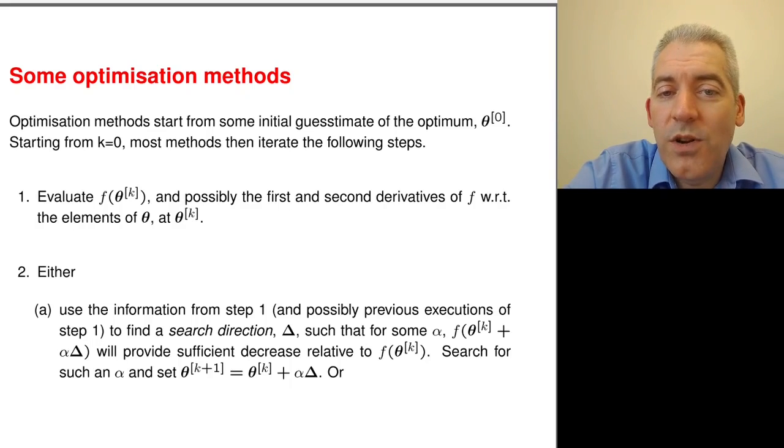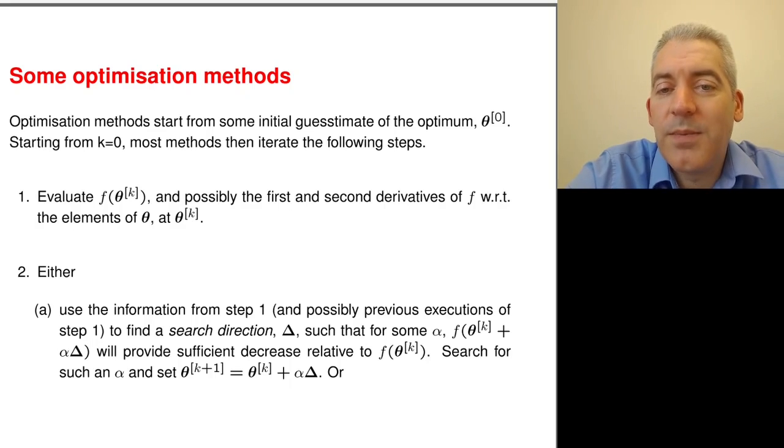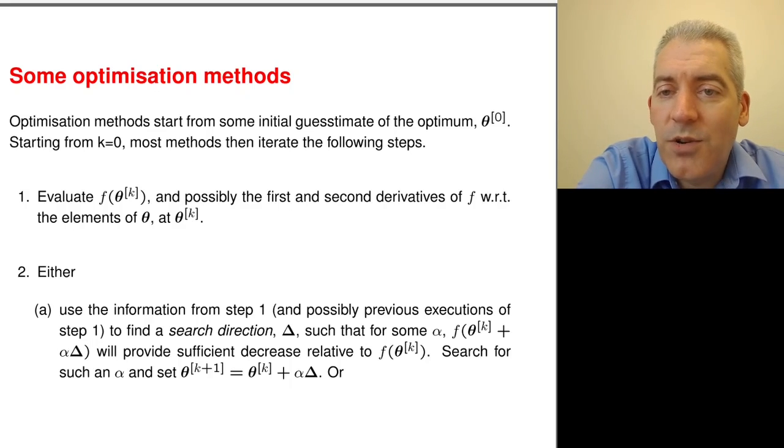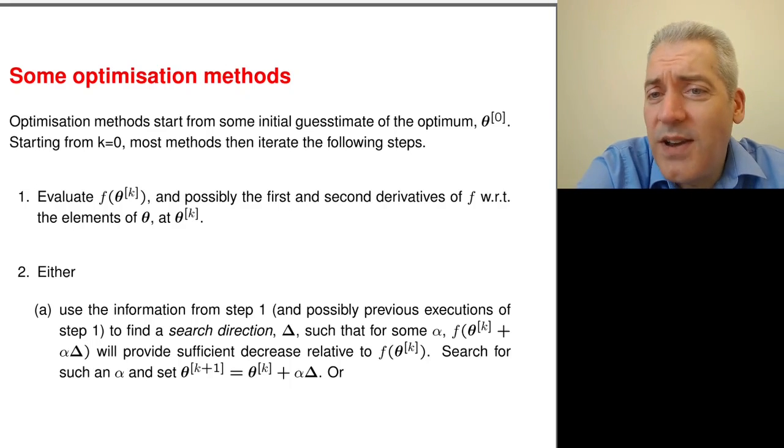You may also want to know first derivatives of the function at that particular value of theta. You might even want to know second derivatives at that particular value of theta, though whether or not that's practical will depend very much on the function. Okay, so you're going to want to know something about f at the particular theta you have right now, and you can see why gradient information in particular might be very useful, because that will tell you which way is down.